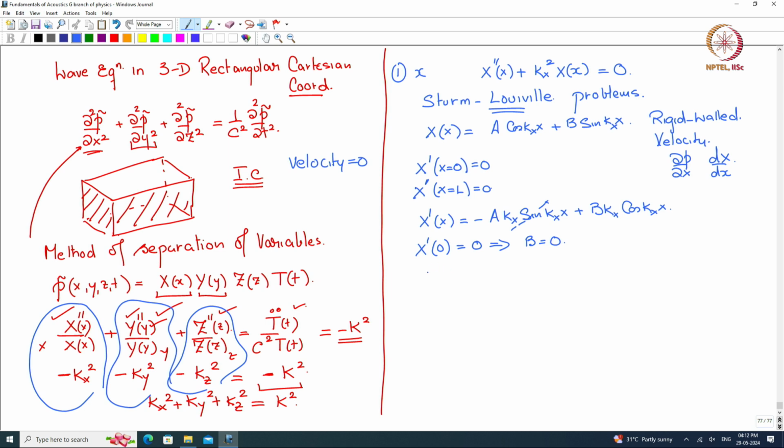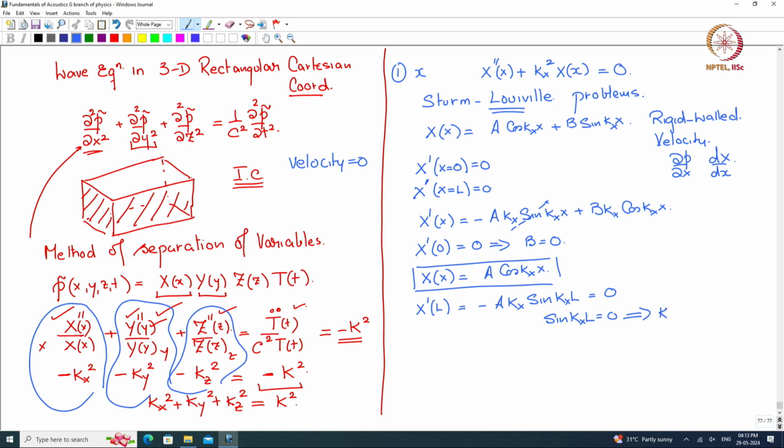Therefore my X of x is equal to A cos kx x. Then X dash at L gives me minus A kx sin kx L equal to 0, which means sin kx L equal to 0, which implies kx L is equal to, we will call it, m pi.